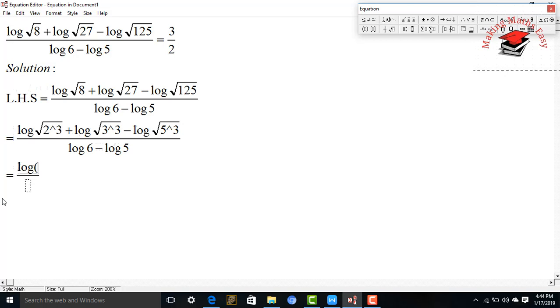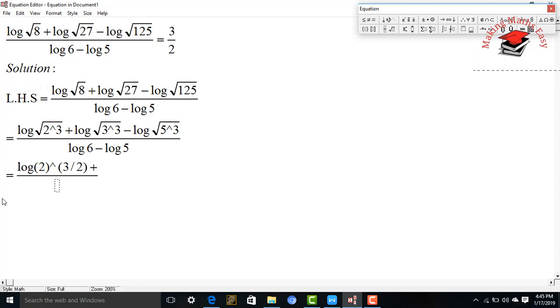Now it is 3. So what is the law of indices for a square root? For a square root, the law of indices is 1 by 2, meaning anything in the root. Suppose square root of 2 means 2 raised to 1 by 2, so it can be written as log of 2 raised to, here it is 3 raised to 3, so 3 divided by 2 because of the square root.